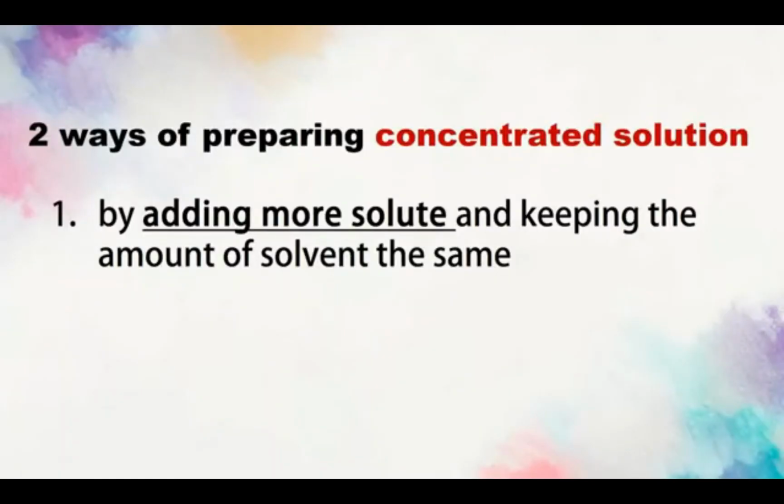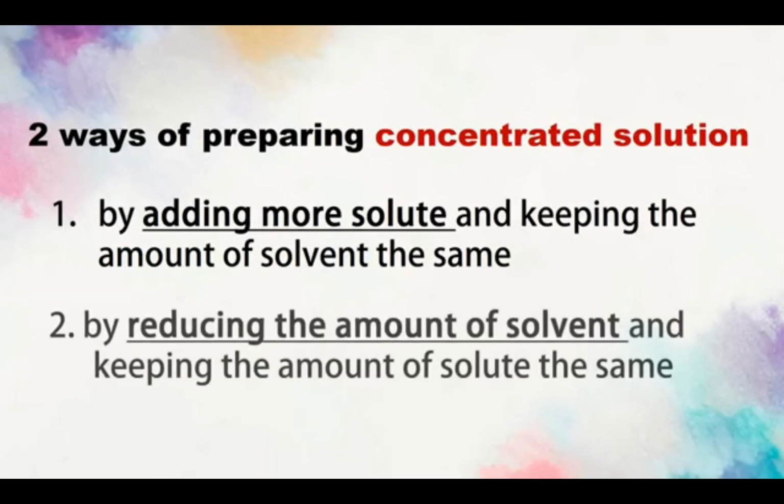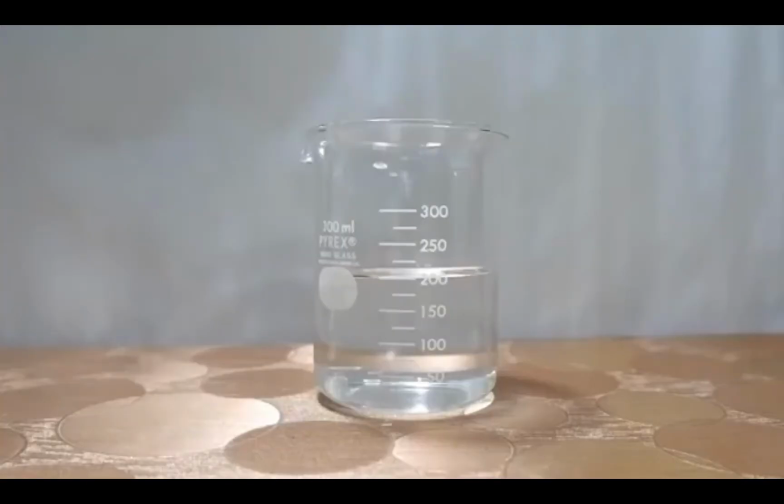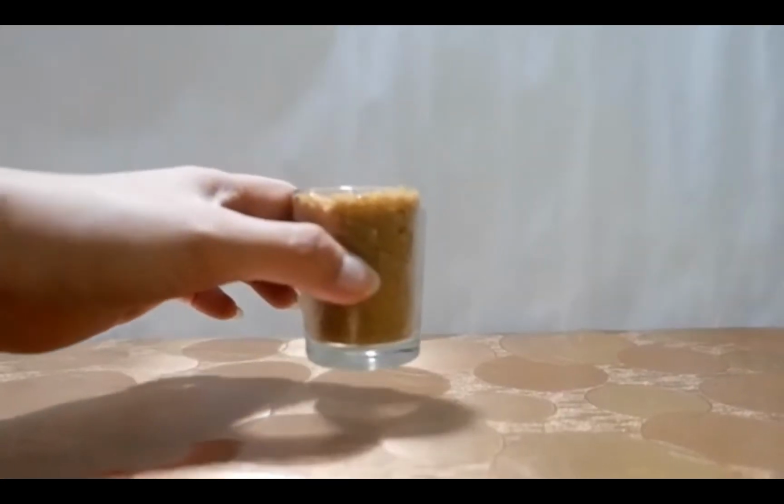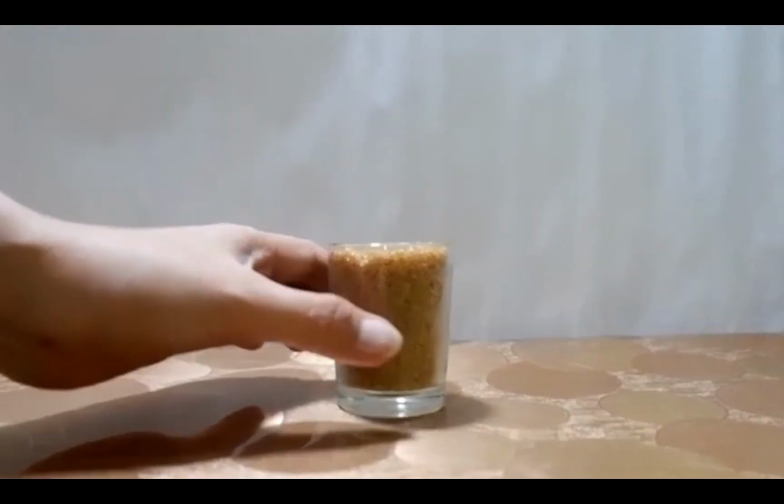The second way of preparing the concentrated solution is by reducing the amount of solvent and keeping the amount of solute the same. For example, the actual volume of water is 200 milliliter and the actual amount of sugar is 1 full of this small glass.